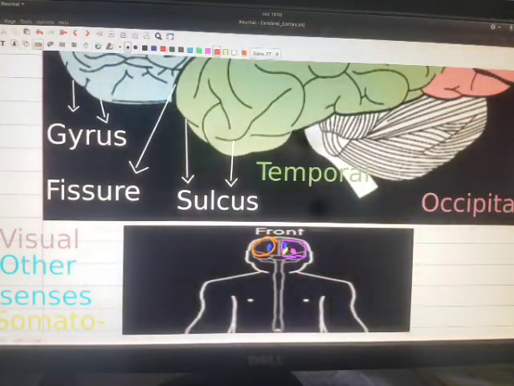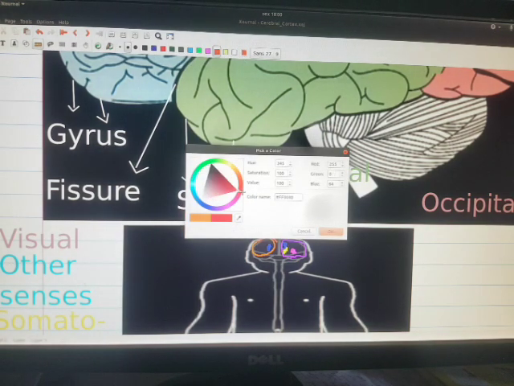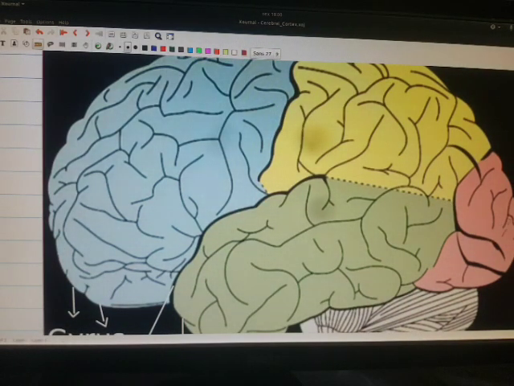And normally the visual things are stored on the occipital lobe. So it's near here, the occipital lobe.